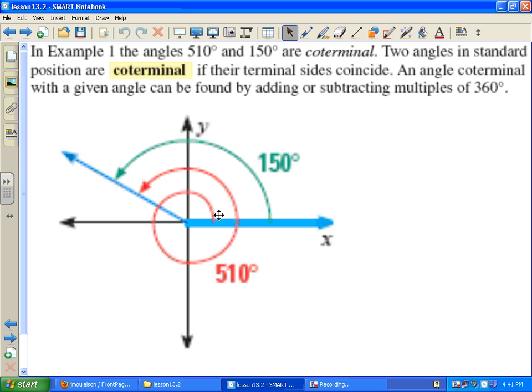And you can see what they mean by adding or subtracting multiples of 360. I go 150 degrees to get to the terminal side here. And then if I add 360 at this point, all the way around, 150 plus 360, that's how I arrive at 510.